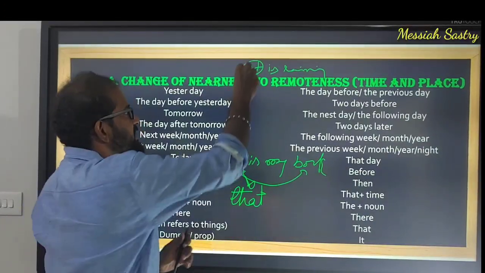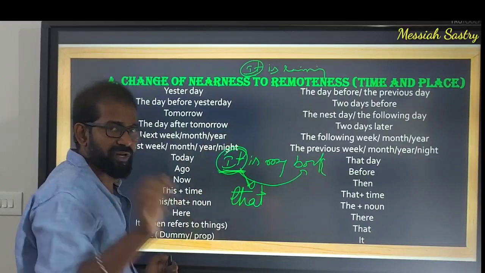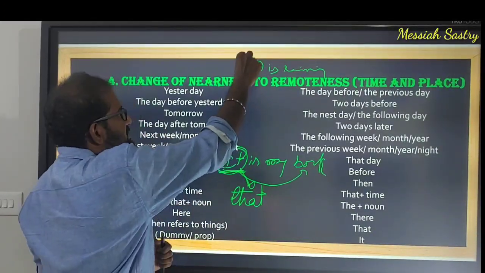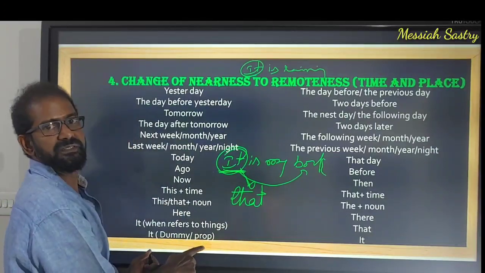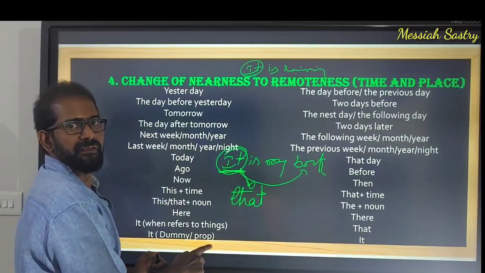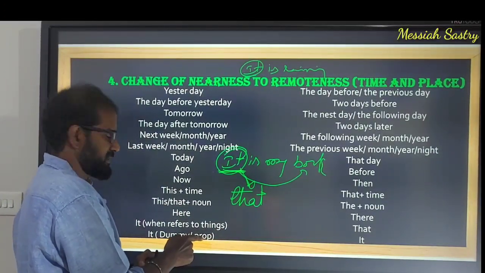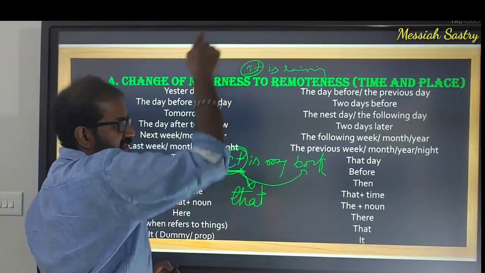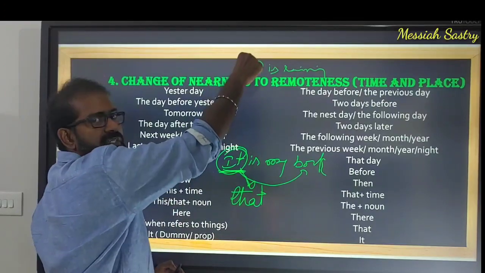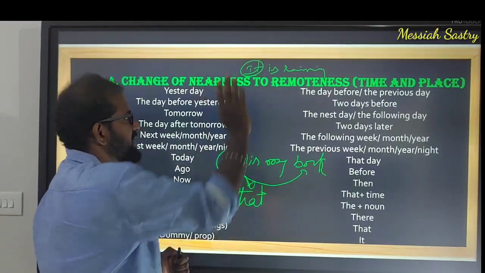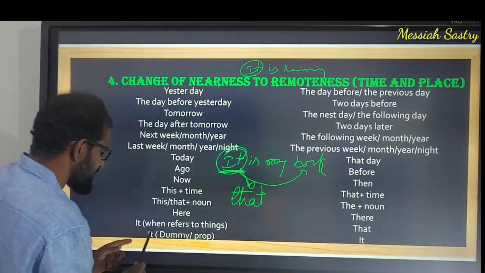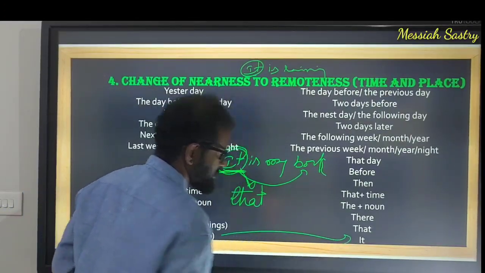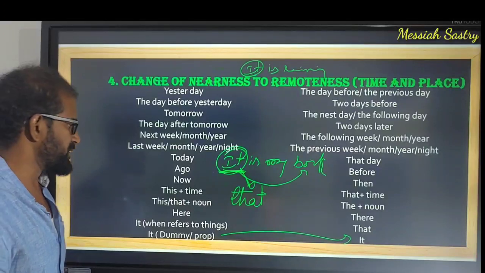So we used it as a dummy here. We need a subject, so we used it as a subject here. It is a dummy, or we call it prop. Most books use the word prop, and some books even say dummy. It is a supporting subject, that's it. It doesn't refer to anything. When it doesn't refer to anything, it is a dummy or prop, we don't change.